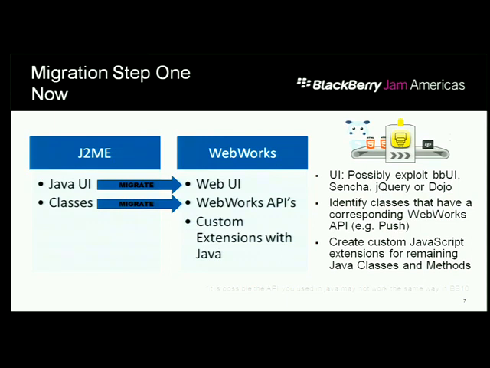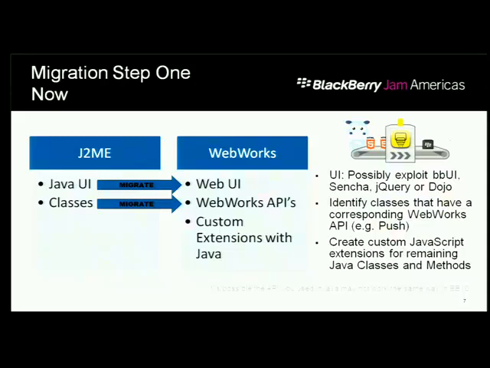And then take your classes and start to identify the pieces that migrate over to either an HTML5 API, a WebWorks API, or third, if no API exists for it, you have to build a custom extension.